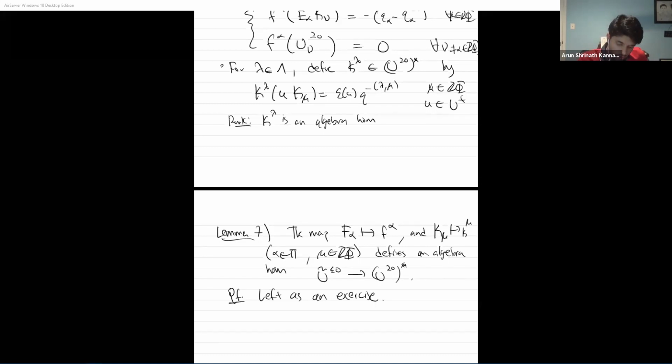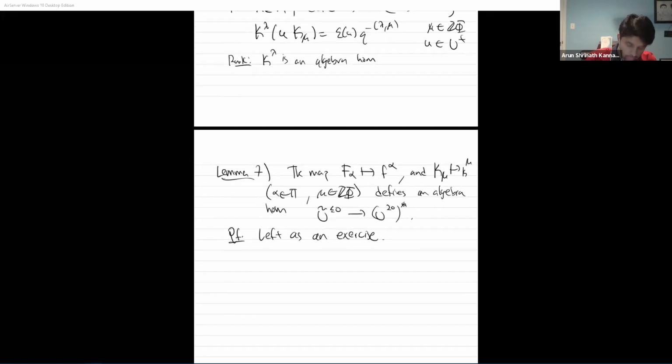And so by our definition of the bialgebra pairing, what we get is, so I'll put a box here.